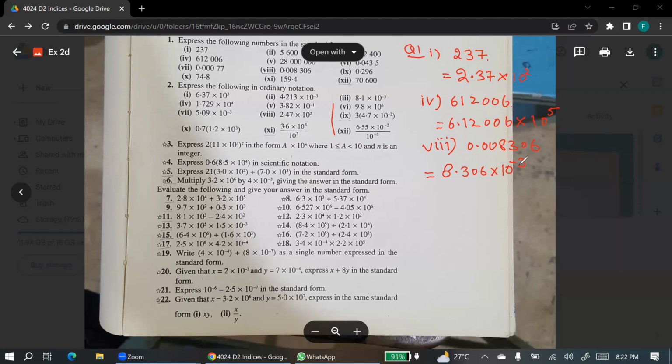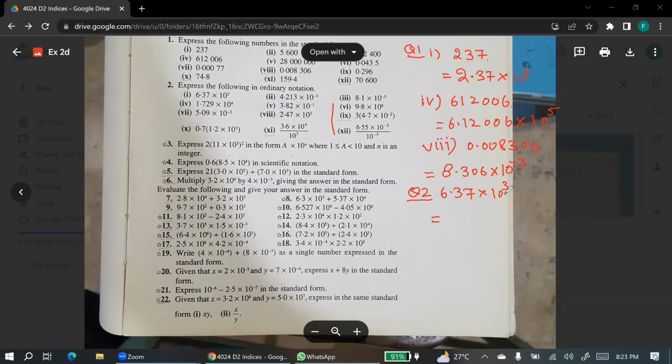Now question number 2. We want to write 6.37 into 10 power 3 in the ordinary form. Now you can see that there is a positive power, and when we write it down in the ordinary form, the number should be greater or smaller? When we multiply anything with 1000, the number is greater.